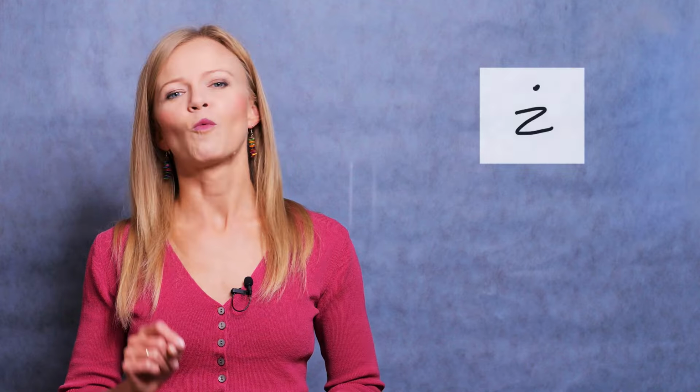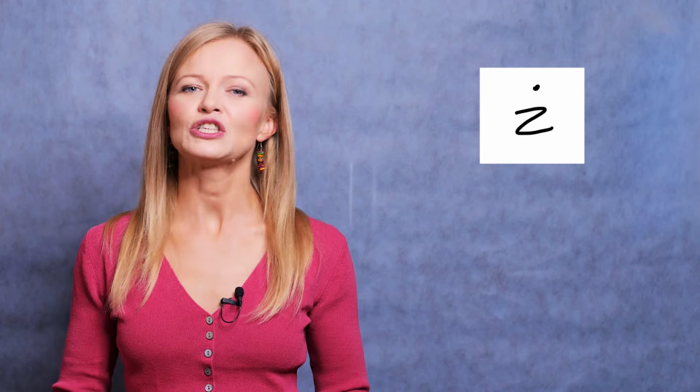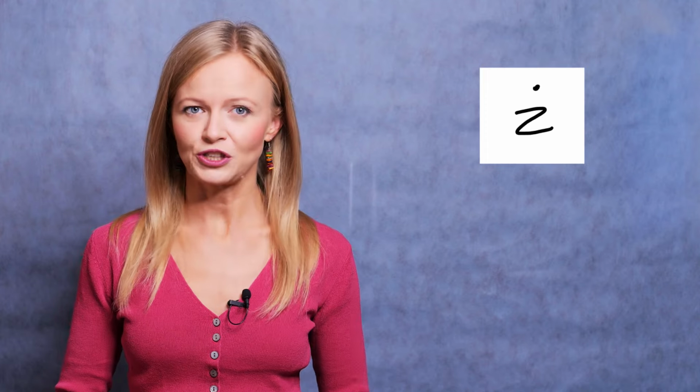And we have one letter with an overdot. This is ż. So this is Z with a dot above it. And yes, it is different from ź.